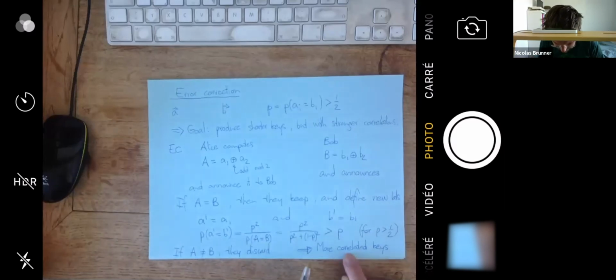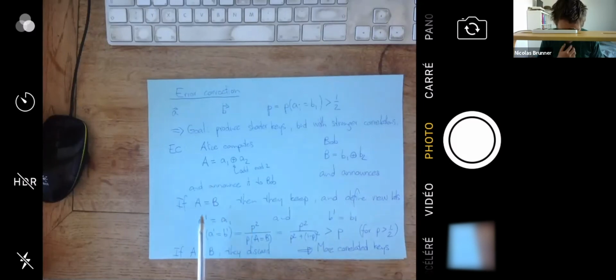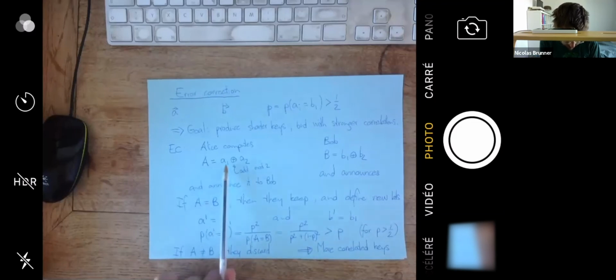Now, what is very important is that here Alice and Bob have removed errors, but they did not leak any information to Eve. Because capital A and capital B were announced publicly, but A contains no information about A prime, because of this relation here.